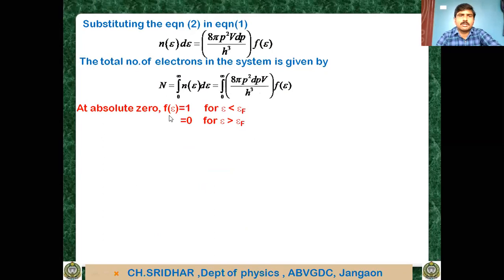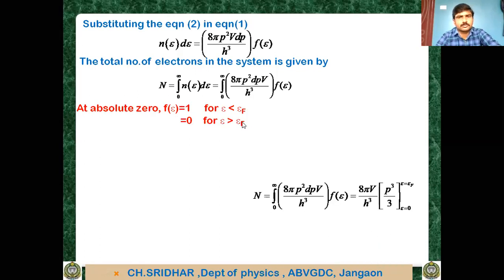At absolute zero, F(E) is equal to 1 for E less than EF, and equal to 0 for E greater than EF. So the energy levels below the Fermi level are completely filled, with occupation index equal to 1, and the energy levels above the Fermi level are unoccupied, with occupation index equal to 0.